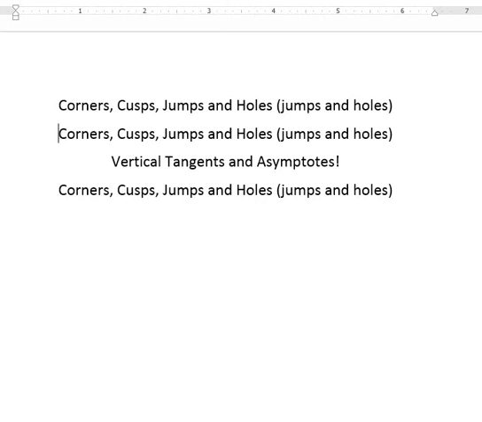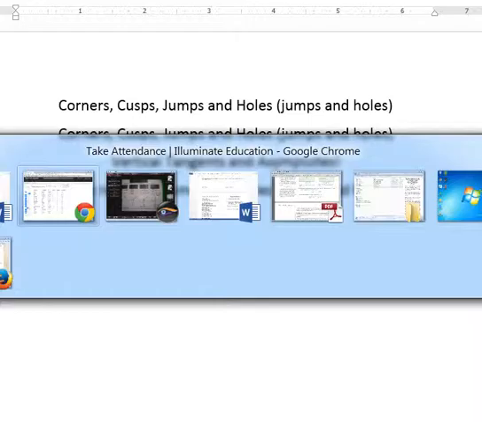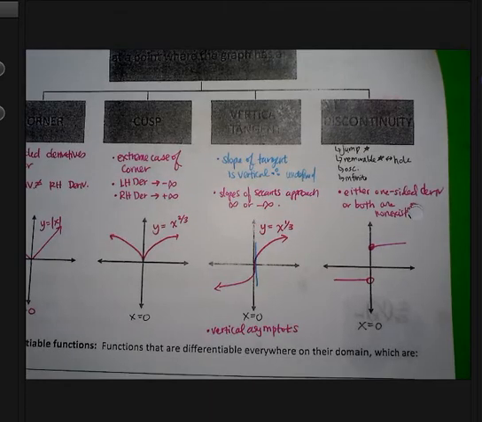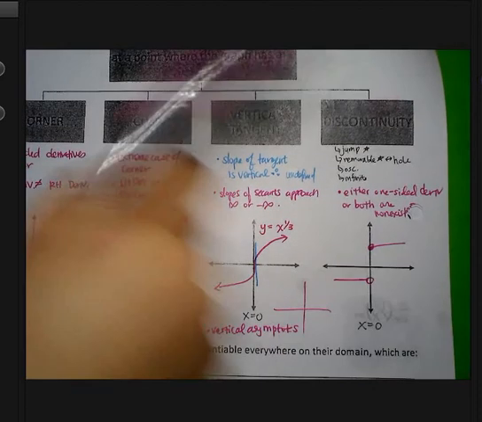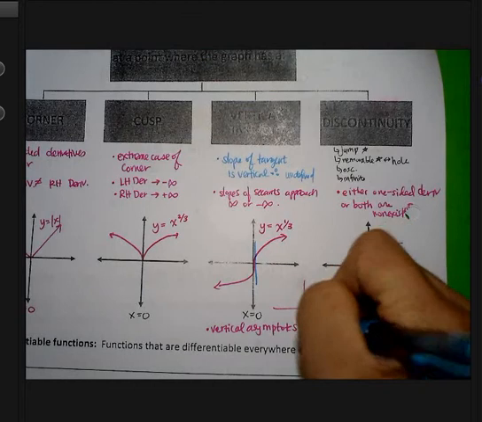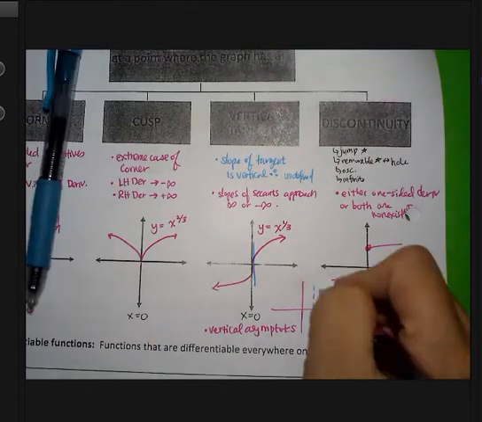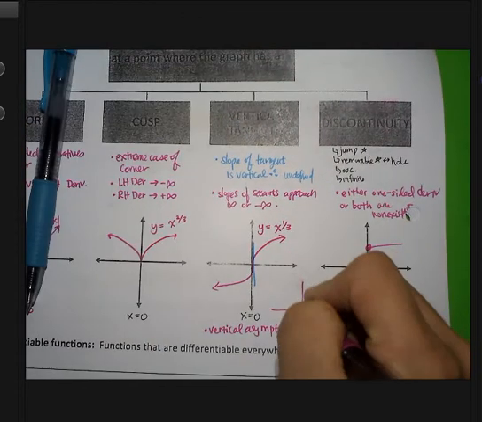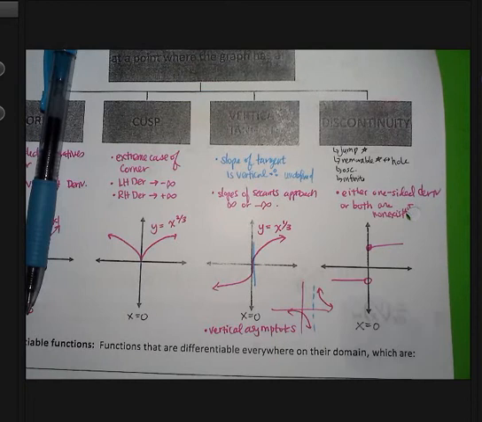All right, so jumps and asymptotes. Now, if you think about a vertical tangent and a vertical asymptote, if I had a graph with a vertical asymptote, let's say here, and the graph looked like a hyperbola, obviously that is a vertical asymptote, but that's a discontinuity already. Oh, that's an infinite discontinuity.